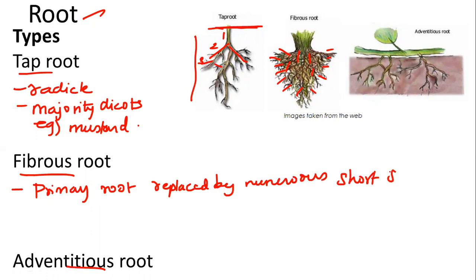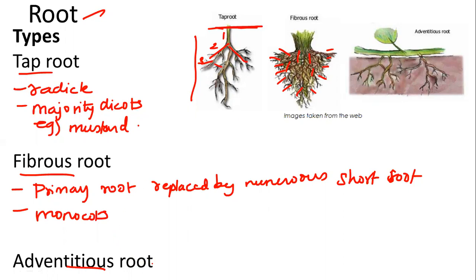Those short roots are called fibrous roots. The majority of monocots have fibrous roots, and these roots give full strengthening to those plants.